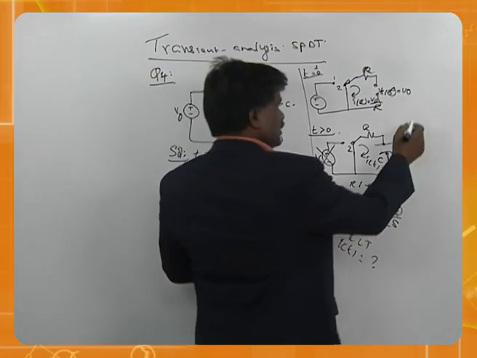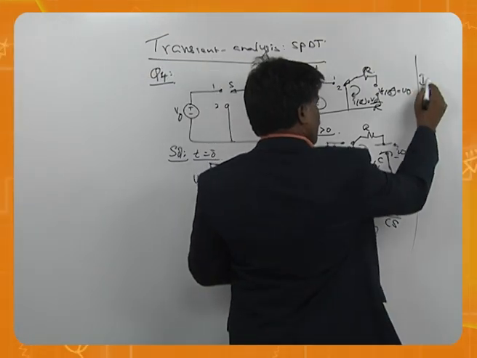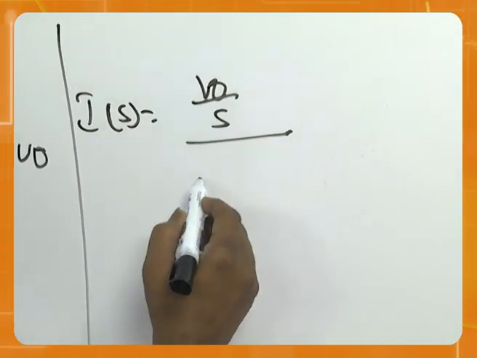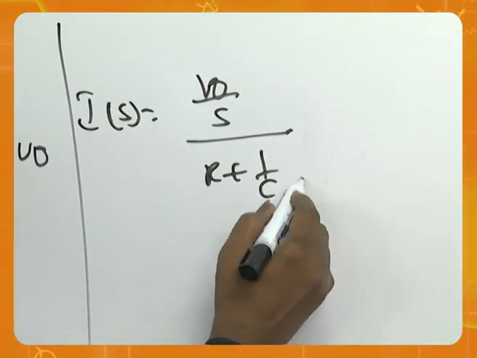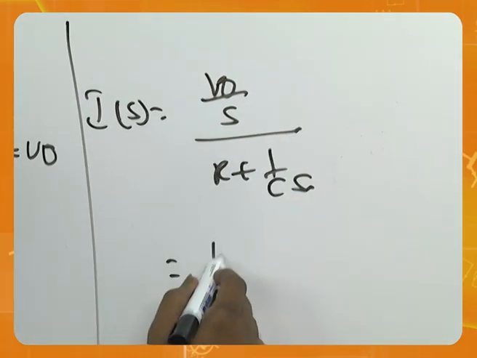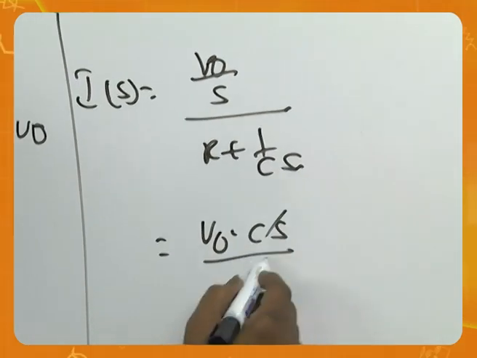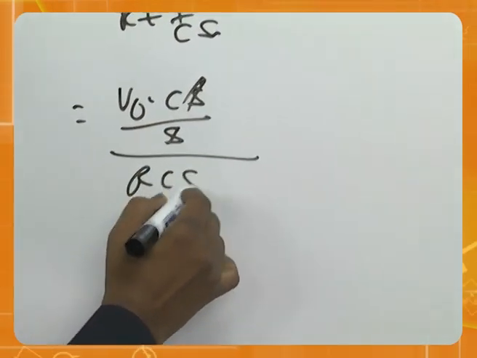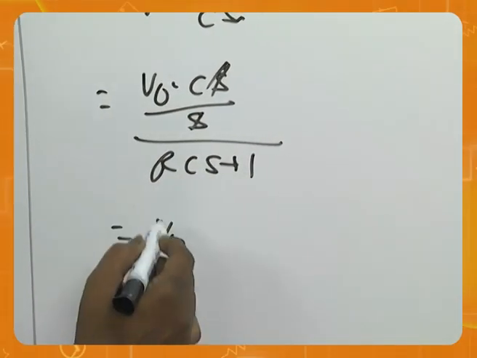For example, I(s) is V0 by s divided by R plus 1 by Cs, which is V0 into Cs by s, the s cancel, over RCs plus 1.